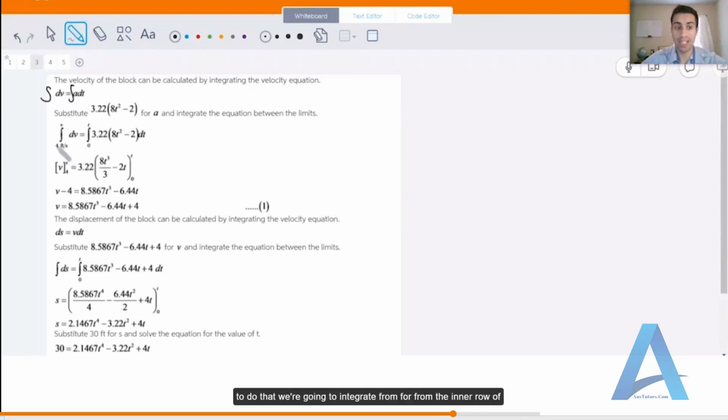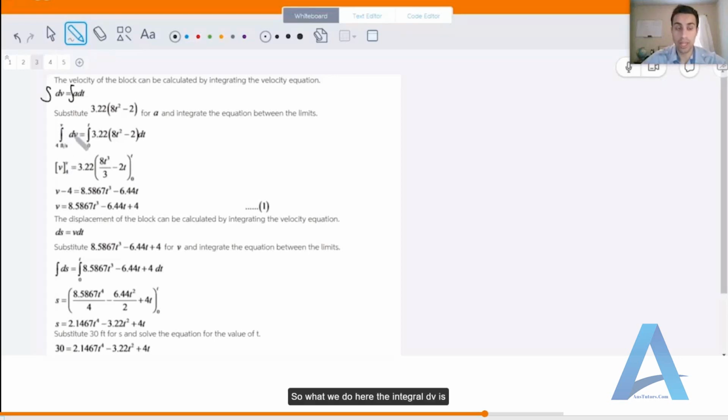So to do that, we're going to integrate from 4 feet per second to v. We're starting from 4 feet per second because the block is initially at 4 feet per second, and we're ending at some velocity v, which is the velocity we're essentially looking for.